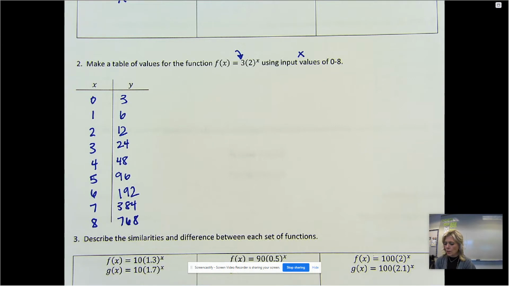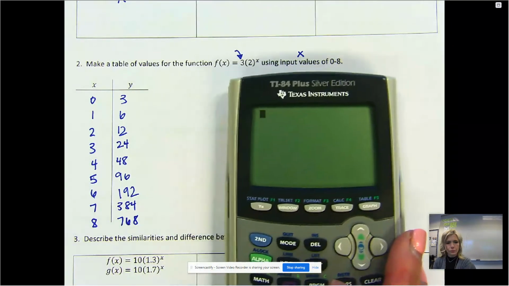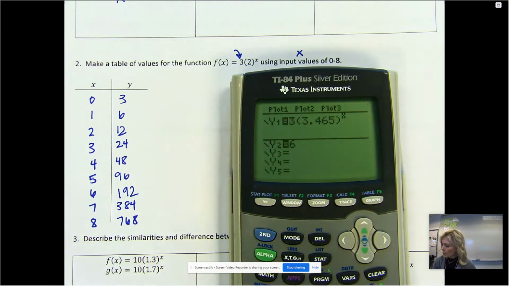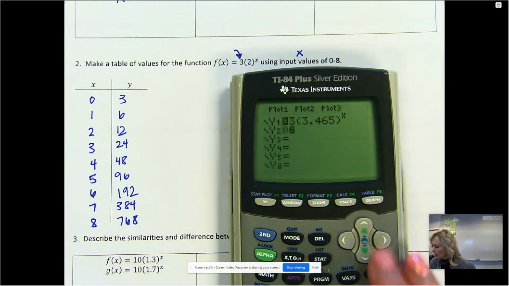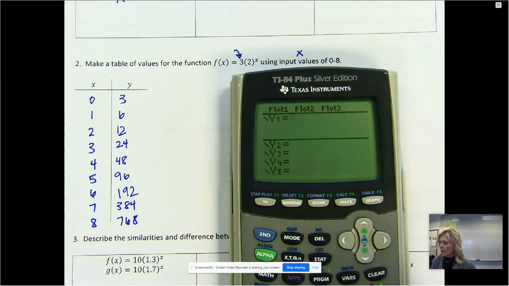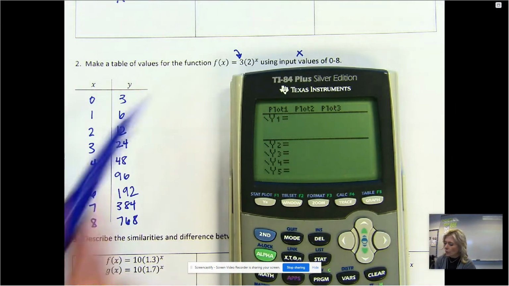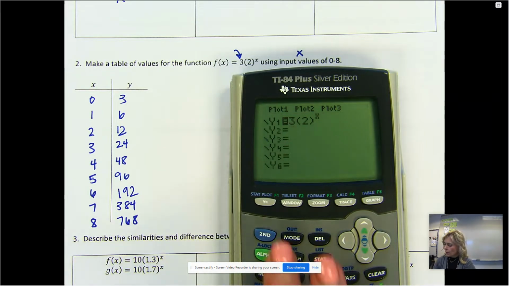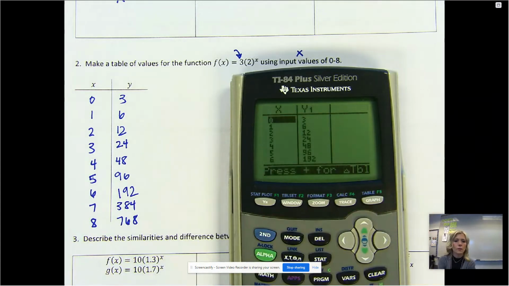Okay, so one way I could do that is just starting with 3 and then multiplying by 2. Another thing that I taught you how to do is to actually put an equation into your y equals. Oops, looks like I have some in there already. I'll just get rid of them. Okay, so you could put that original 3 times 2 to the power of x into the calculator, and then look at it on a table.